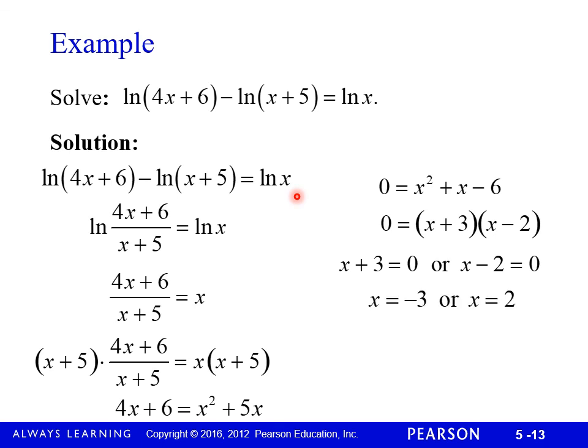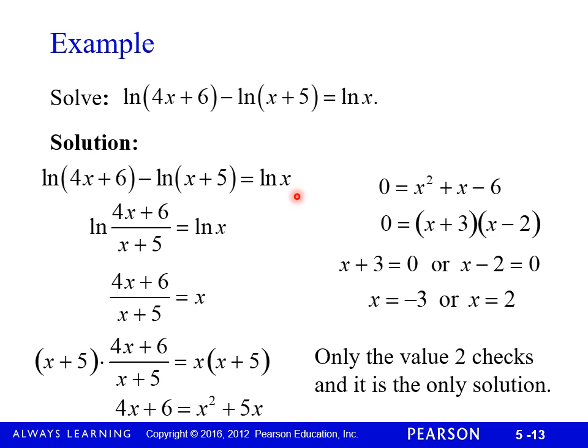We need to plug these back in, and if you do that, you'll see that when x equals negative 3, this does not work, okay? Let's just look at that real quickly. If I plug it into the first one, I get 4 times negative 3, which is negative 12, plus 6 is negative 6. It's possible that a negative number would work here. For example, if x was negative 1, it would work because 4 times negative 1 is negative 4, plus 6 is positive 2.